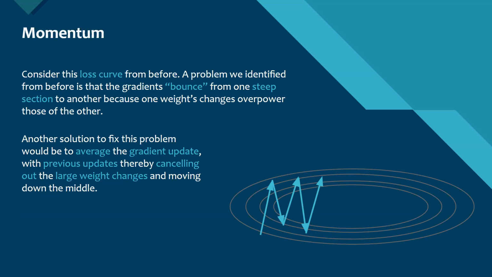Okay, so let's consider this loss curve and these gradient steps. Something we see is that the gradient bounces between these two slopes that are pretty steep. And because the slopes are steep, we know from gradient descent that that's why it's overshooting back and forth every single time. But wouldn't it be nice if we were gathering some momentum as we were going down?